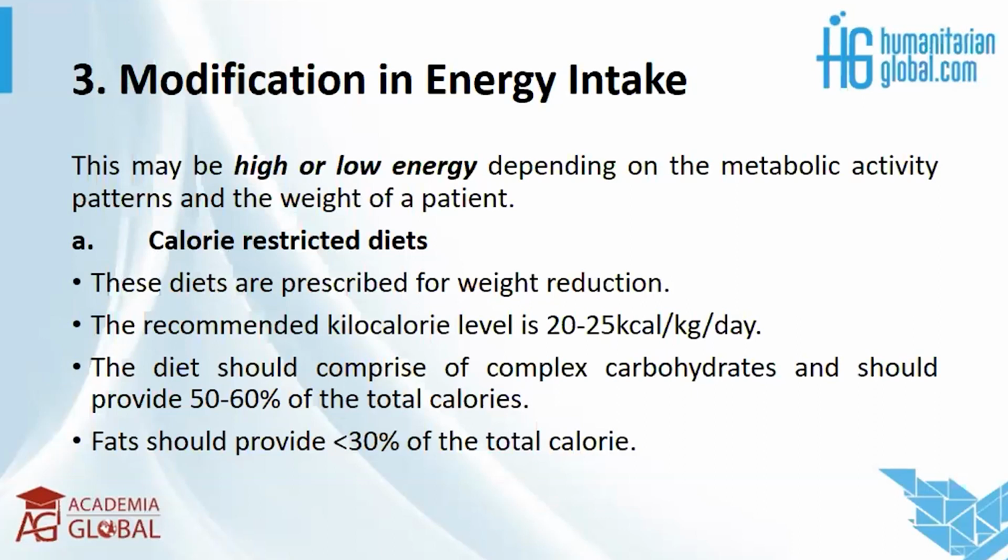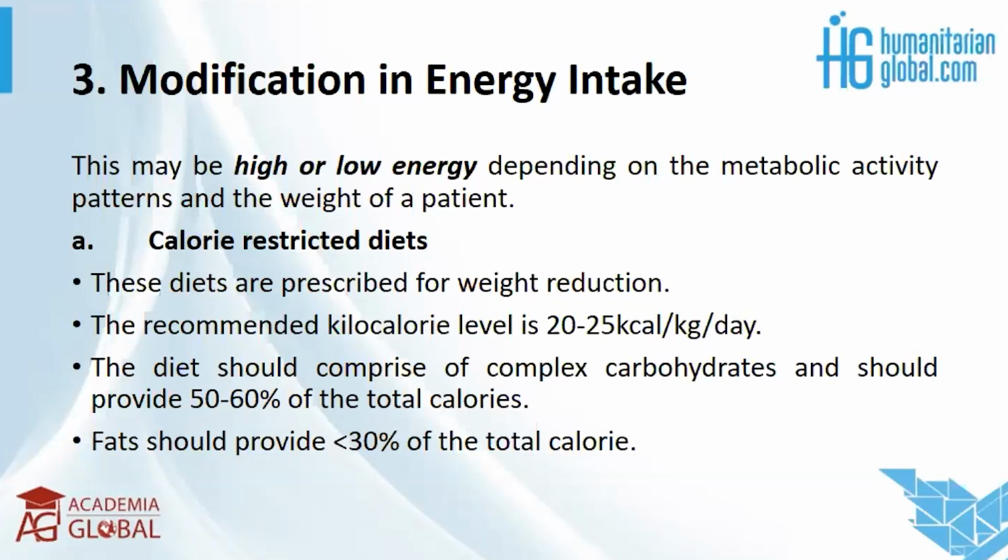Now I will use an example. Supposing we have somebody who is overweight or obese; of course, we'll know that if it's an adult, when we work out their BMI. So supposing we have somebody who is 100 kilograms. We'll calculate the kilocalories that they need by taking their kilograms.